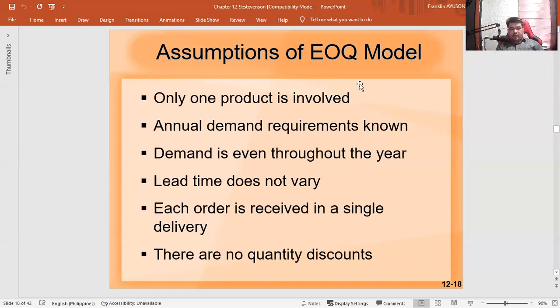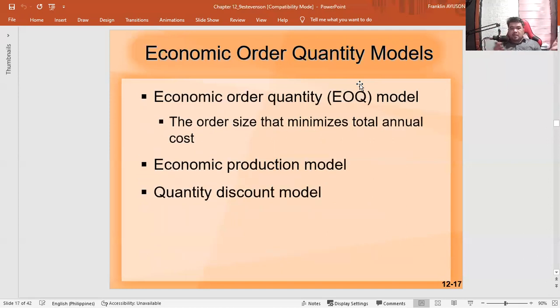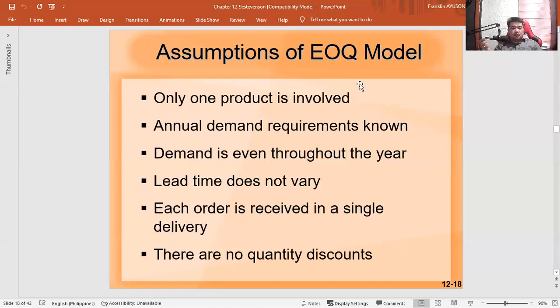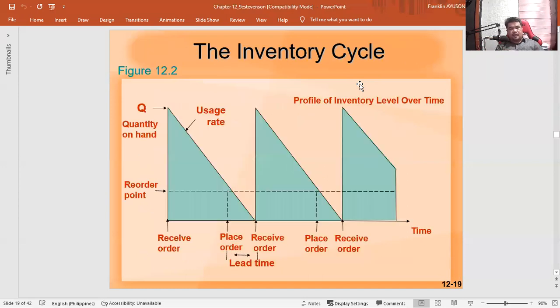This demand may not be equal all throughout the year. Lead time may not vary, etc. So again, our assumptions in creating our model that allow us to minimize cost versus reality in terms of the EOQ model. Yan. So ano yung totoong nangyayari versus dun sa modelo na ginawa natin.